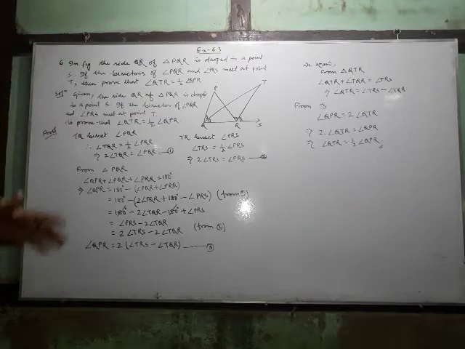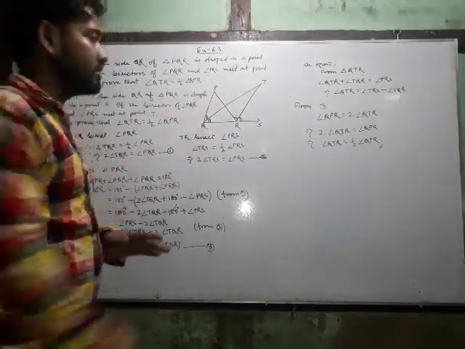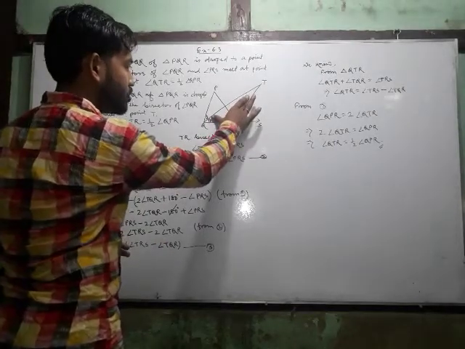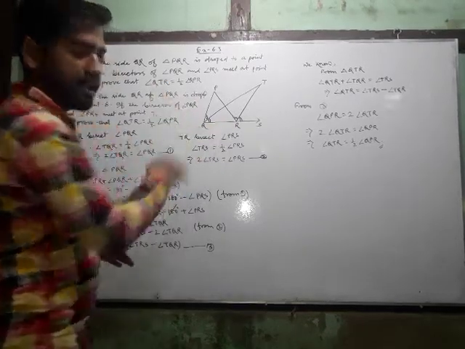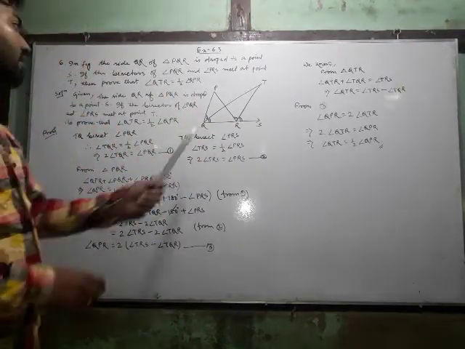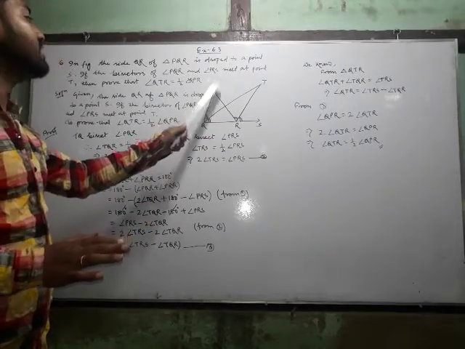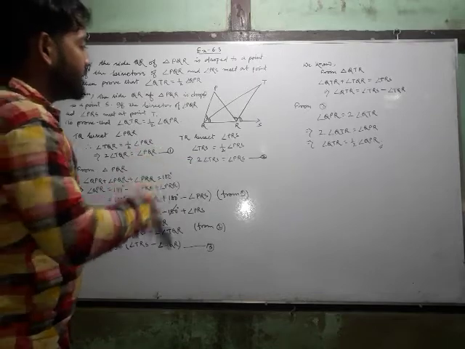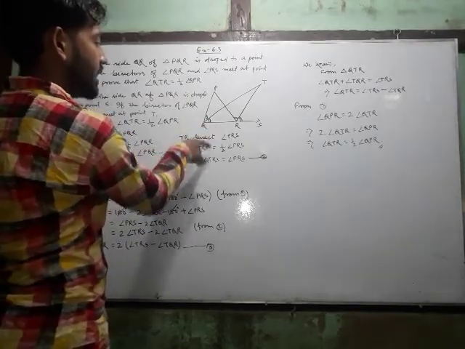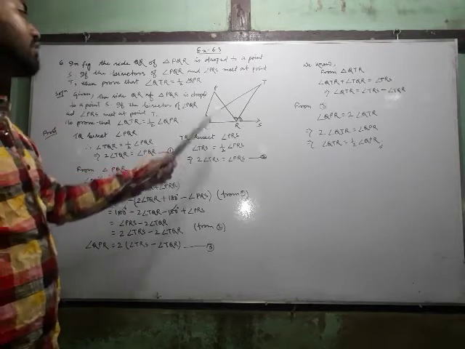Now in the question, this QT bisects the angle PQR, right? It is given that QT is a line that bisects the angle PQR, so with this bisection condition these two angles will be equal, because as it bisects, both the angles should be equal.